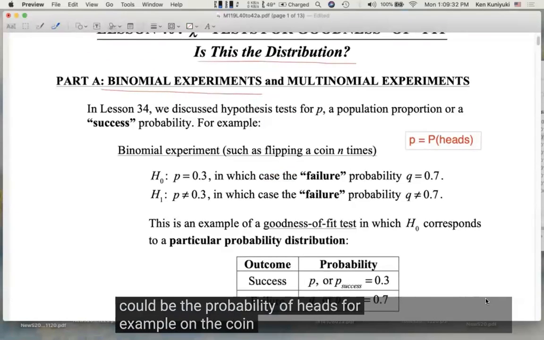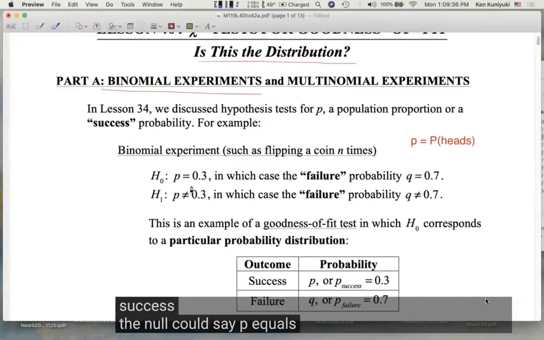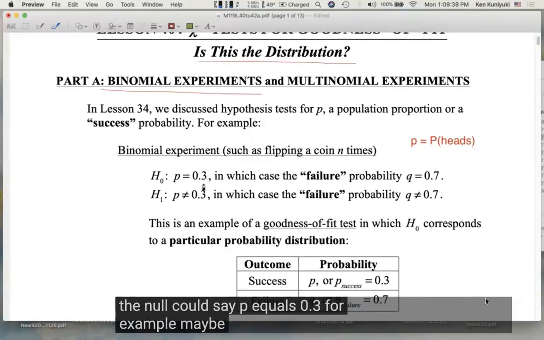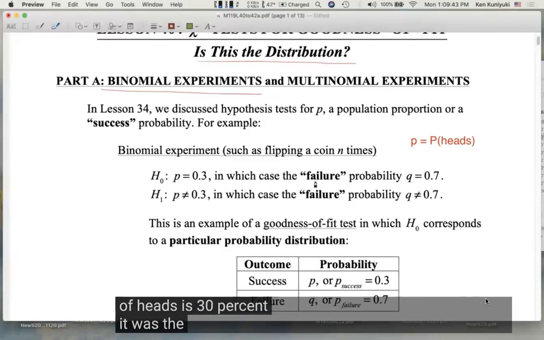Maybe heads is a success. The null could say P equals 0.3, meaning the probability of heads is 30%, in which case the failure probability, Q, is 70%, or 0.7. The alternative would say that P is not 0.3 in a two-tailed test, right?